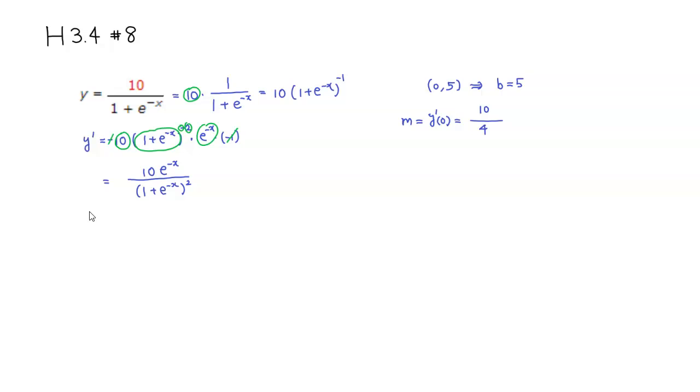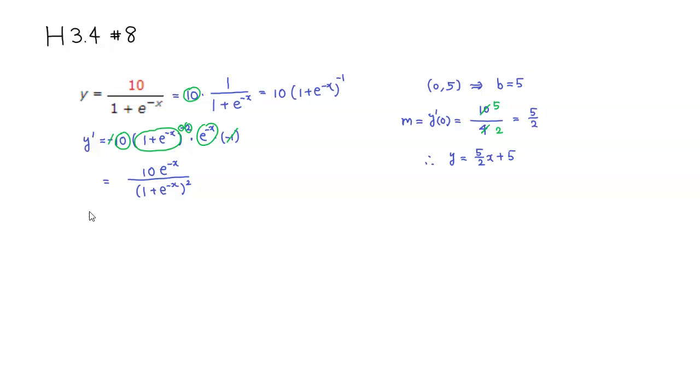We can simplify: both are even numbers, so divide by 2, you get 5 over 2. So the slope is 5 halves. By slope-intercept form, the equation is y equals 5 over 2 x plus b, where b is 5.